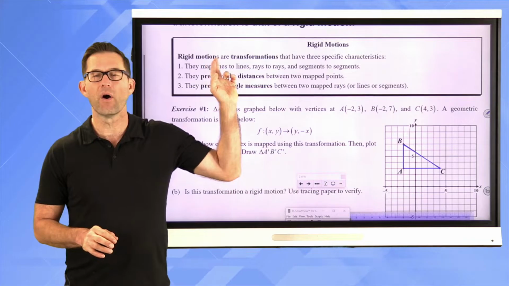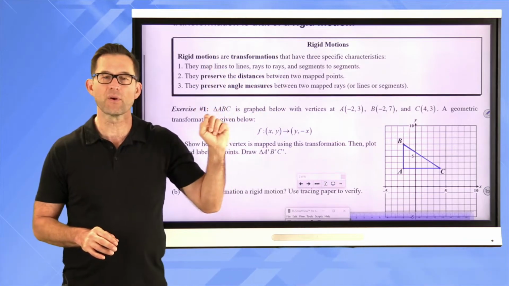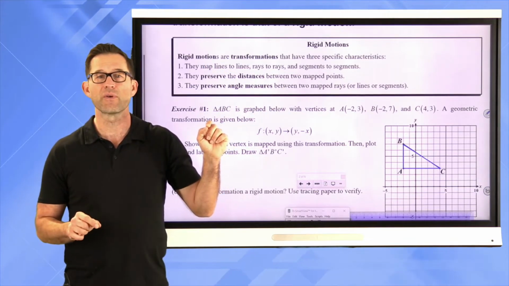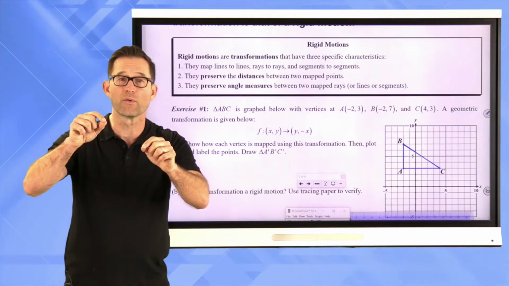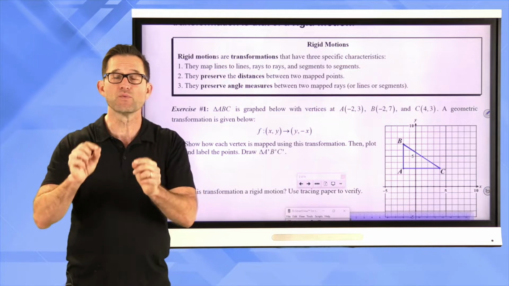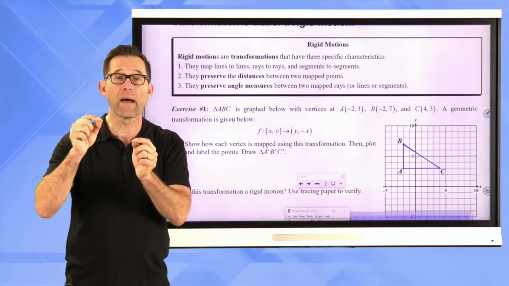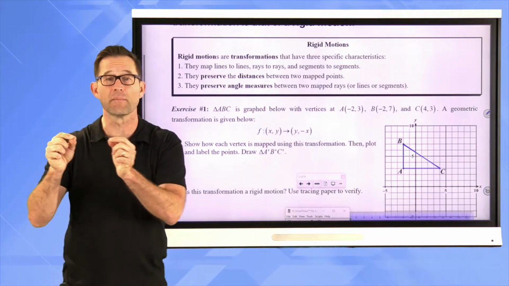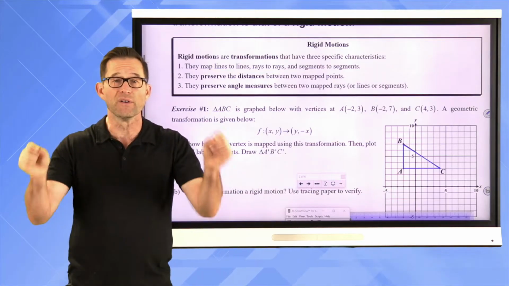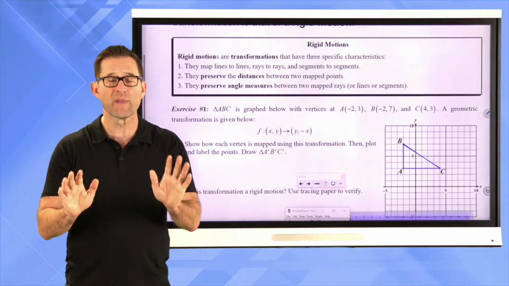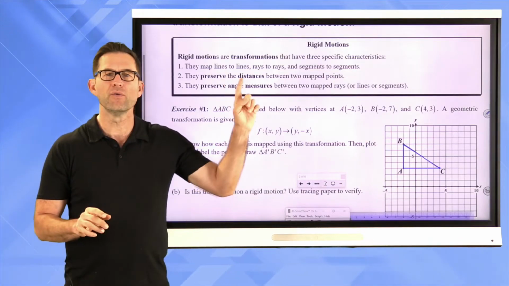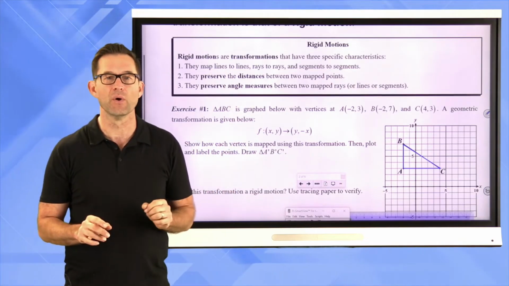The first one almost seems like a toss-in, but it's actually quite important. There's many geometric transformations that might take a line and map it actually into a curve or something like that. Rigid motions will take a line segment, and when you map it, it will continue to be a line segment. It won't change into a circle or something like that, okay? So that's very important. But the other two things are the real keys about rigid motions, right?